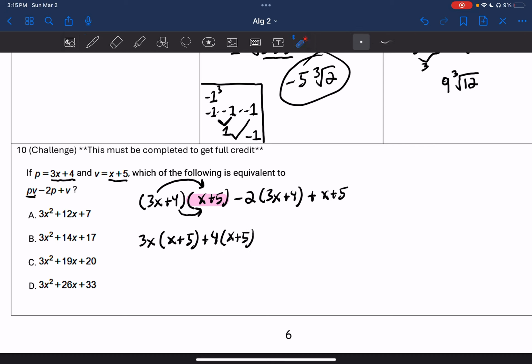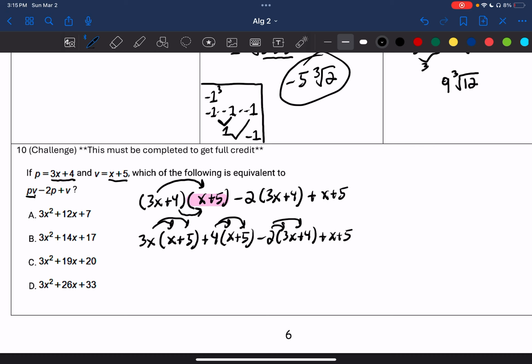You're taking this term and you're multiplying it by both of the individual terms of the first parentheses. All right, now we can just copy the rest down. 2 times 3x plus 4 plus x plus 5. And now we can distribute across everywhere that needs to, keeping track of our positive and negative.